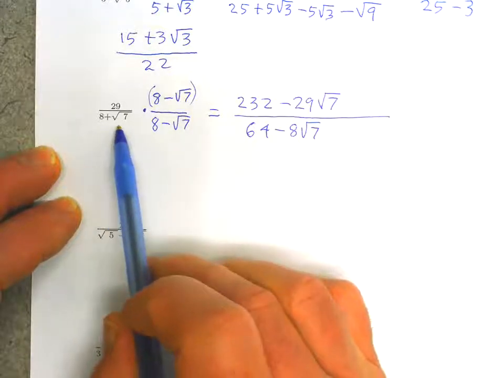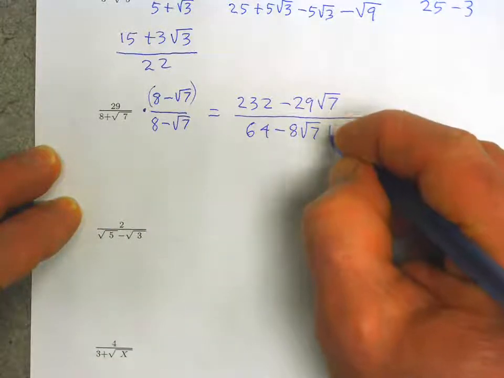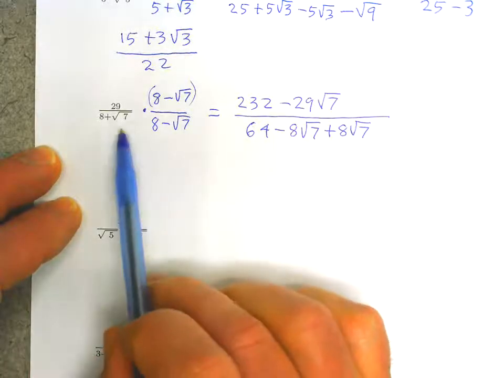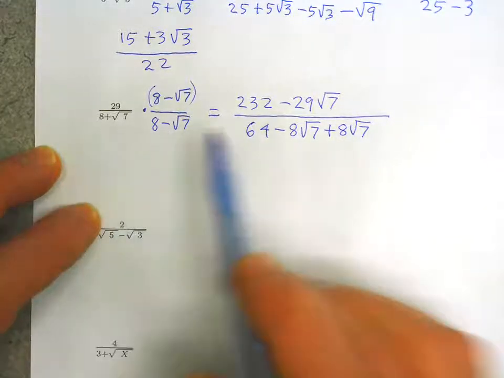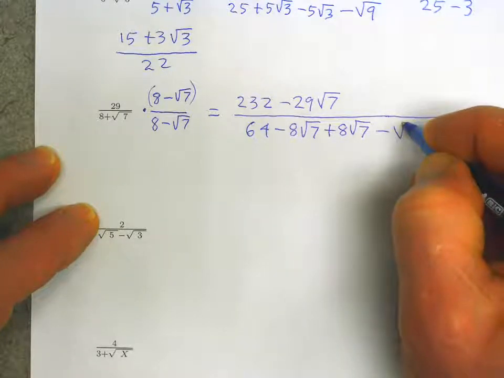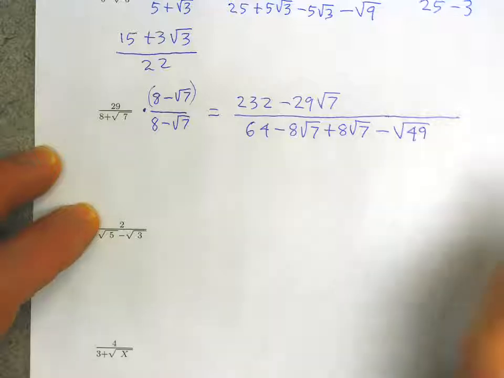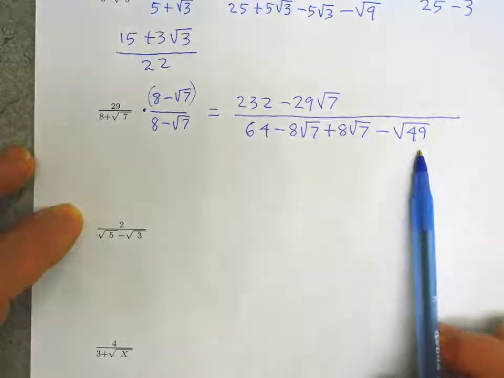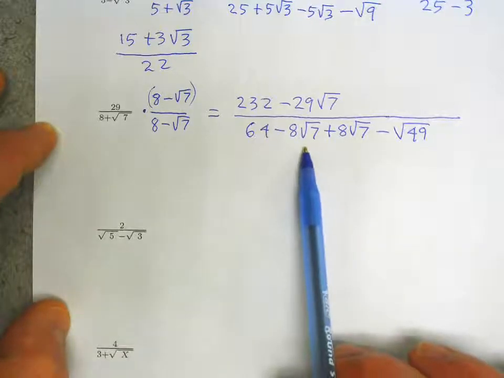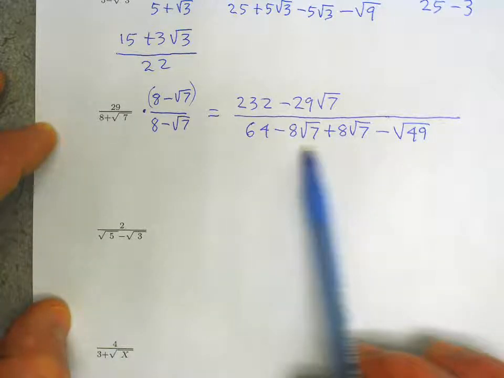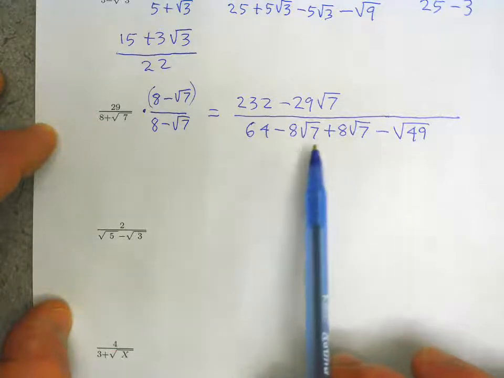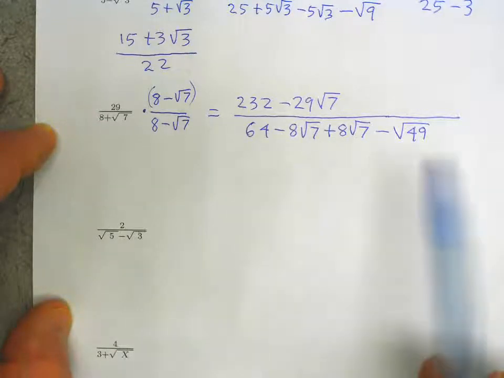And then plus the square root of 7 times 8 is plus 8 times the square root of 7. And finally, minus the square root of 7 times the square root of 7. So that's minus the square root of 49. But that's going to simplify as 7. And in the middle, the two middle terms in the denominator cancel each other out. So the radical, or the square root, is eliminated from the denominator.